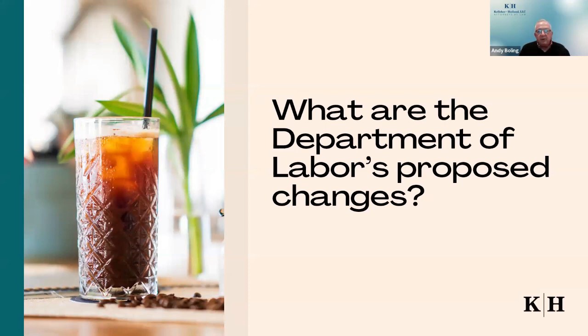Here's a really important thing to remember: the only thing that is changing here is the minimum dollar amount that must be paid to make someone ineligible for overtime. The actual legal standards that are employed will not be changing. So, confusing as it is, it'll remain confusing, but at least there aren't new rules that have to be learned for employers.